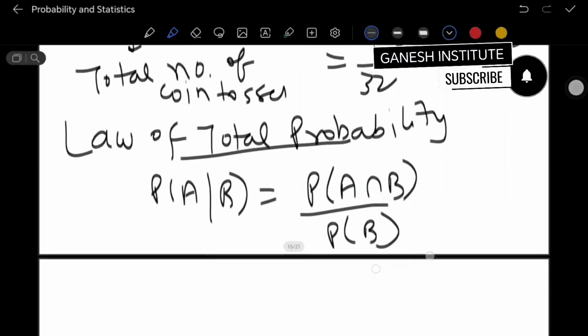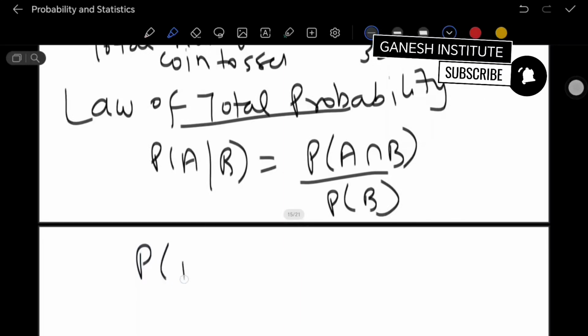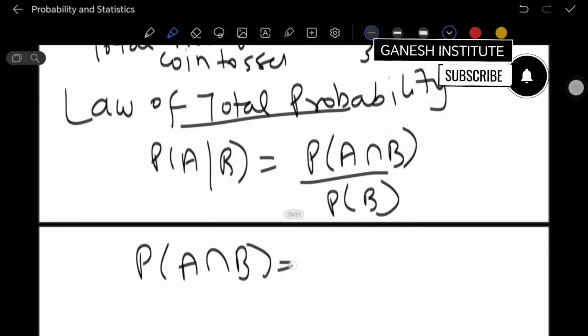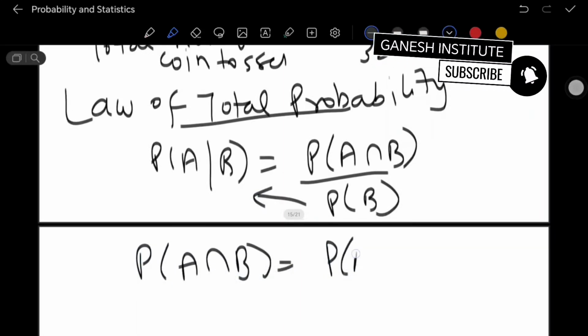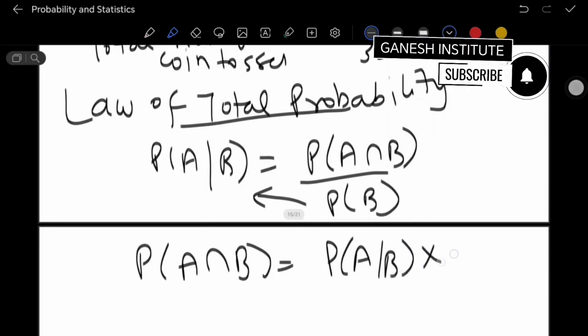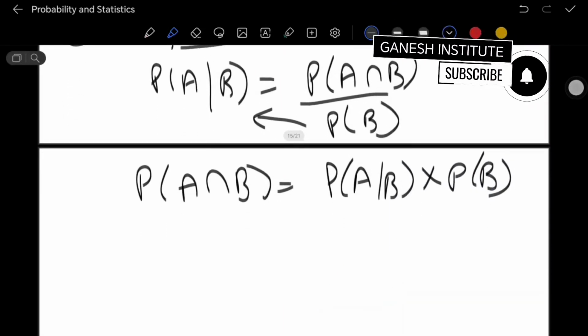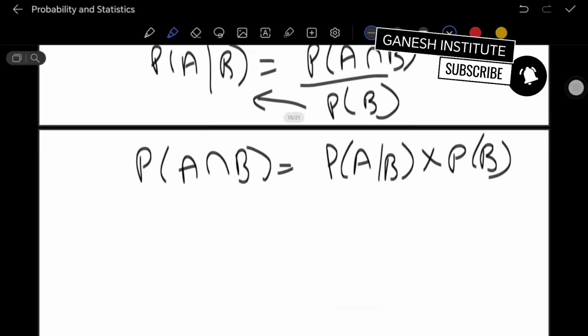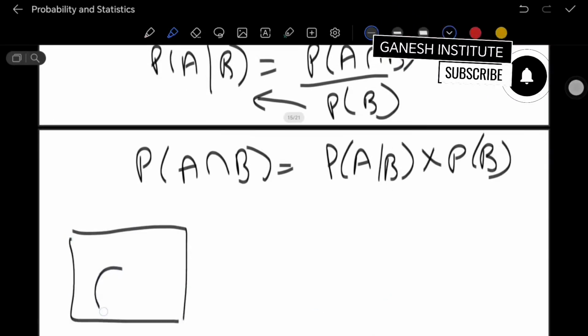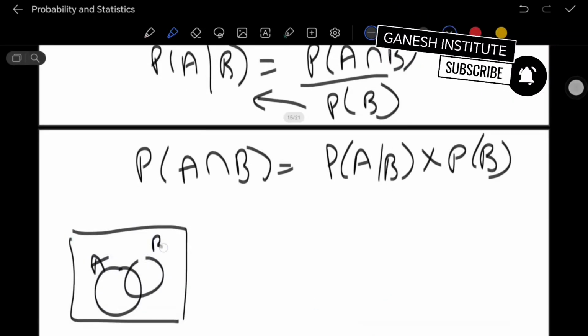Now, if you get the value of P(A intersection B) from here, you will take it to the left hand side. So P(A|B) into P(B), right?